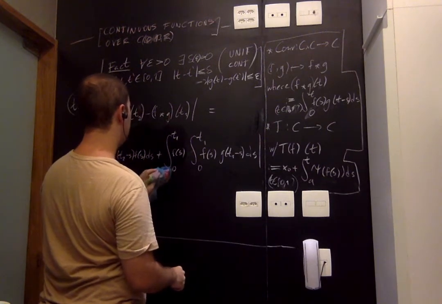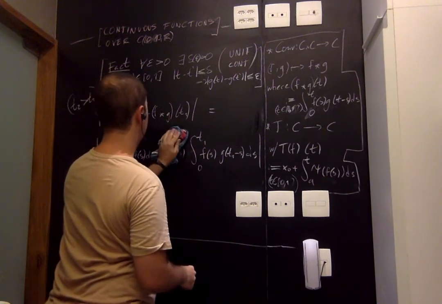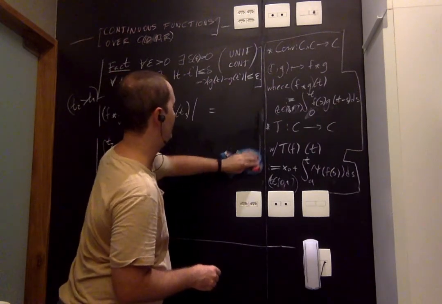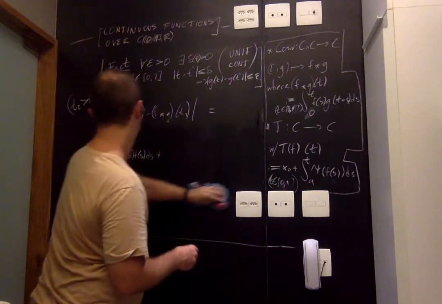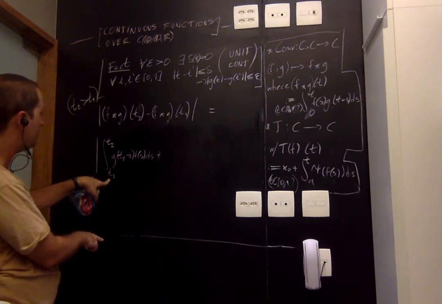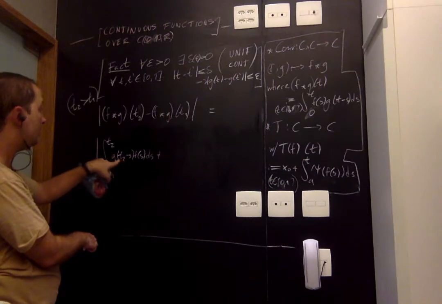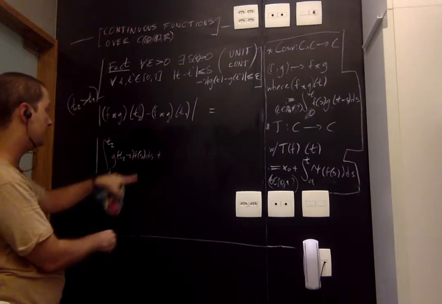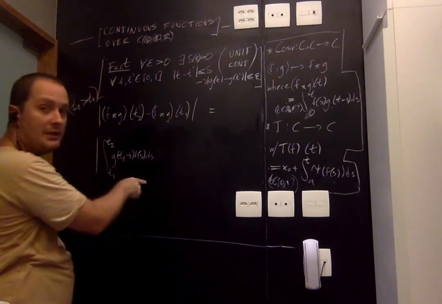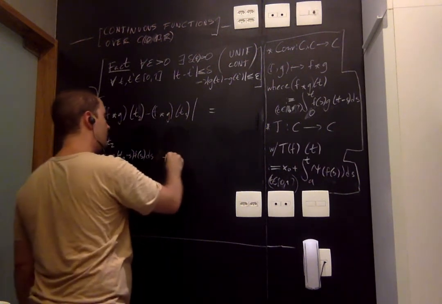And now let me do it like this right away. I have another bit of this integral, right? The integral from 0 to t1 of g of t2 minus s, f of s. But I also have this other integral, which is g of t1 minus s, f of s, the thing that I had before here.